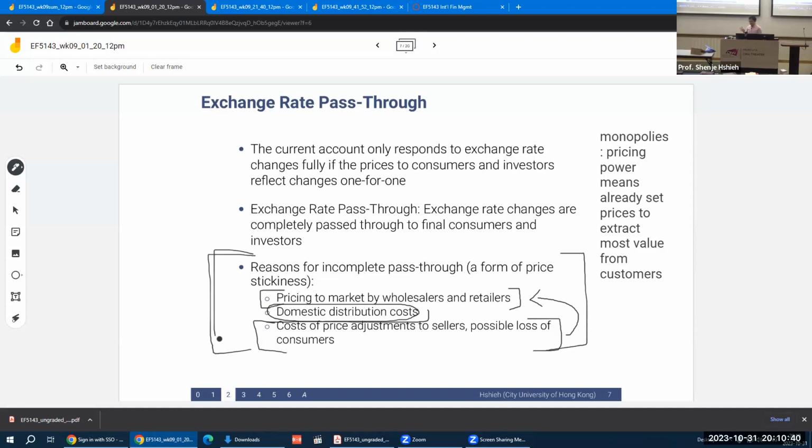But there are micro reasons why that may not be possible, right? Number one would be monopoly power, in which people don't want to change price or quantity because they've already been extracting as much value as they can from everybody. Because there are distribution costs, such as sensitive goods and services, such as weapons.